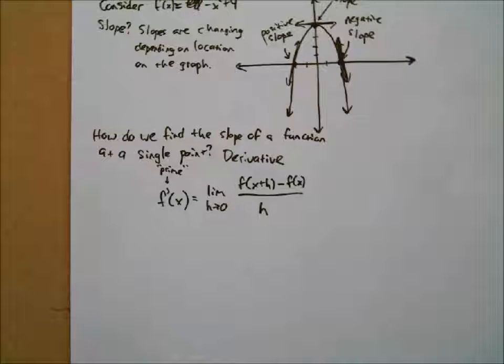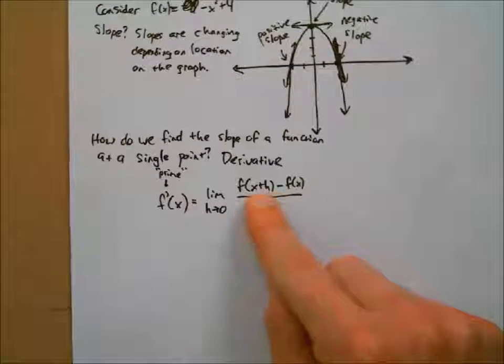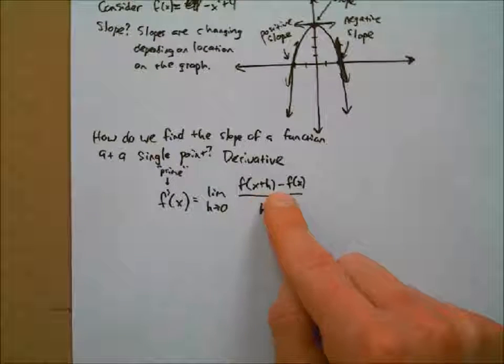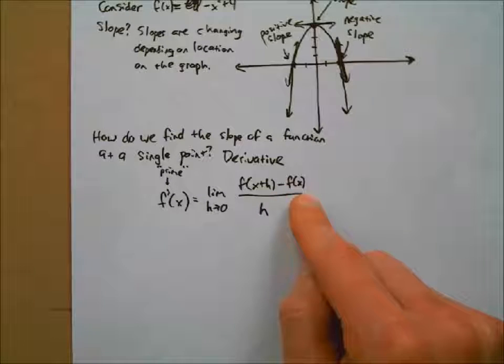Now, if we try to evaluate this difference quotient right away by doing a direct substitution, what will we end up with? Not just something over 0. We'll have a 0 in the denominator, but what are we going to have in the numerator? Imagine plugging a 0 in here. What's x plus 0? x. f of x minus f of x is what? 0, and we'll have 0 over 0.